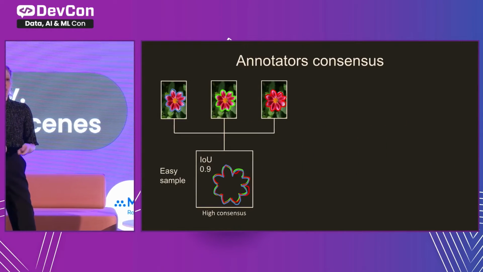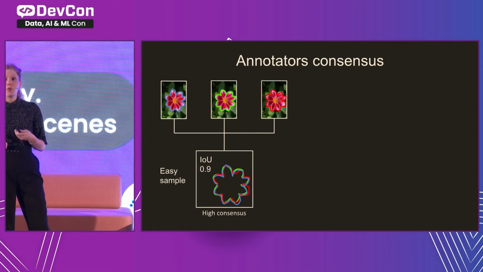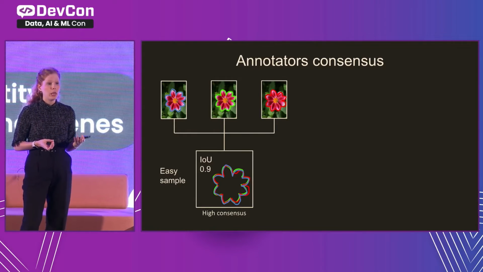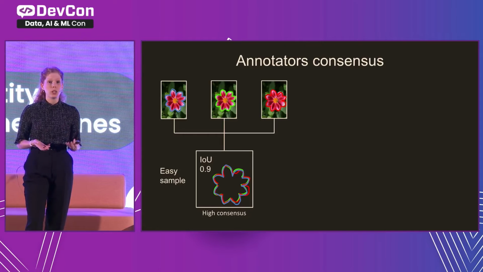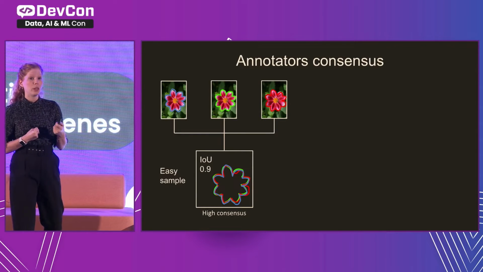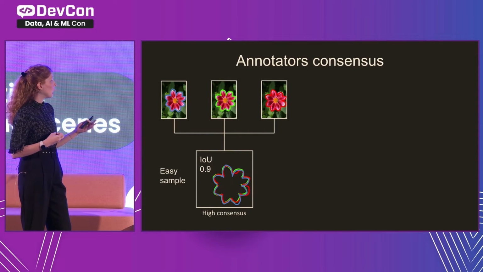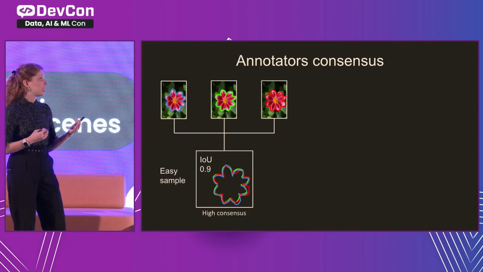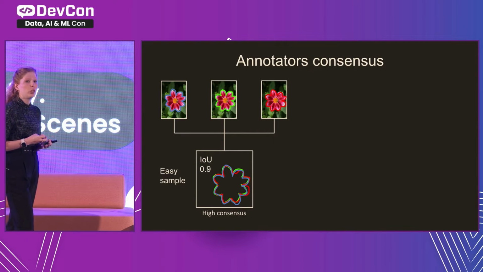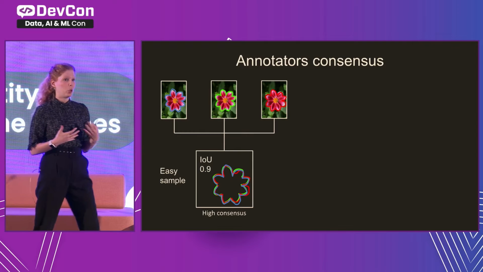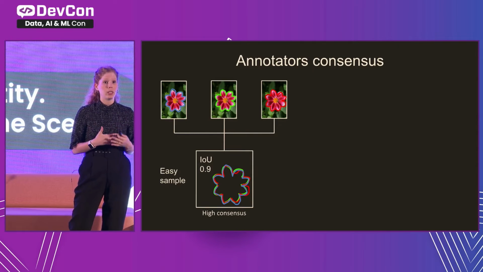In my case, for each labeled image, I have 3 different annotations from 3 different experts, and I can use those labels in order to calculate the consensus between them. If my consensus is high, in this case, you can see I use the intersection over union measure, if the overlap between the 3 annotations is high, it means that this is an easy sample.